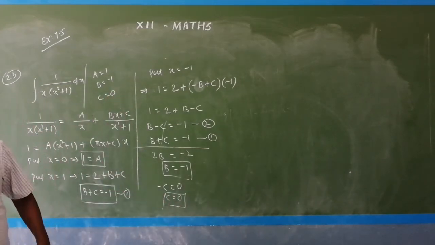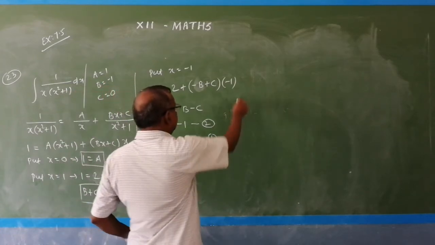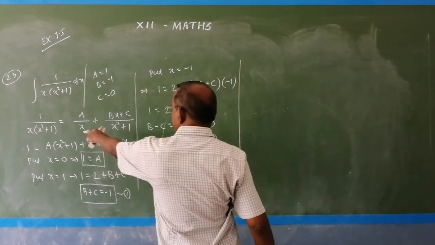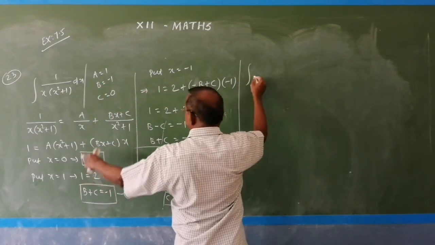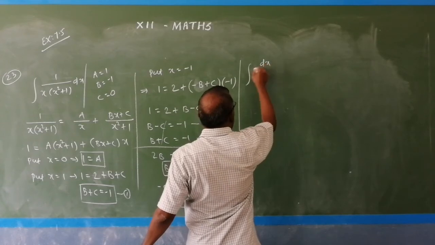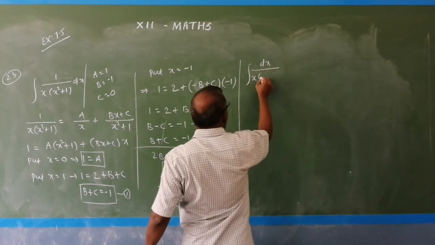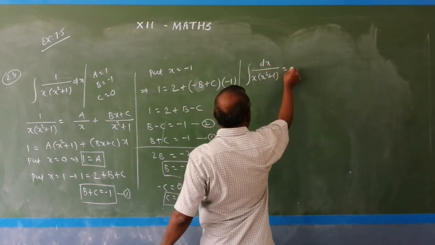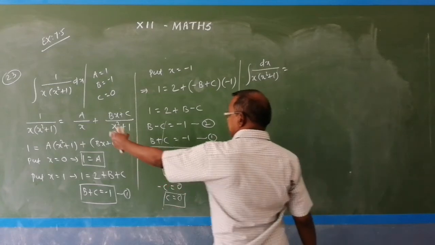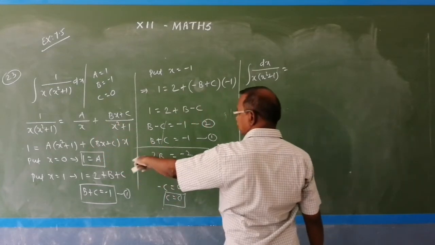Now, substituting in this, integral dx divided by x into x square plus 1 can be expressed as a by x, means a equal to 1.